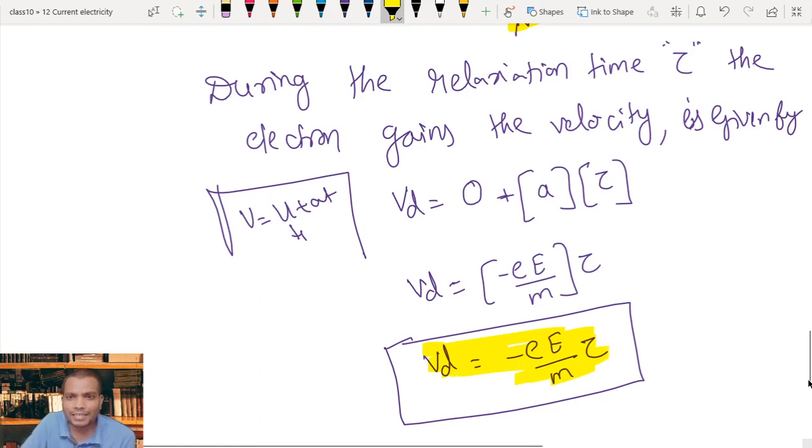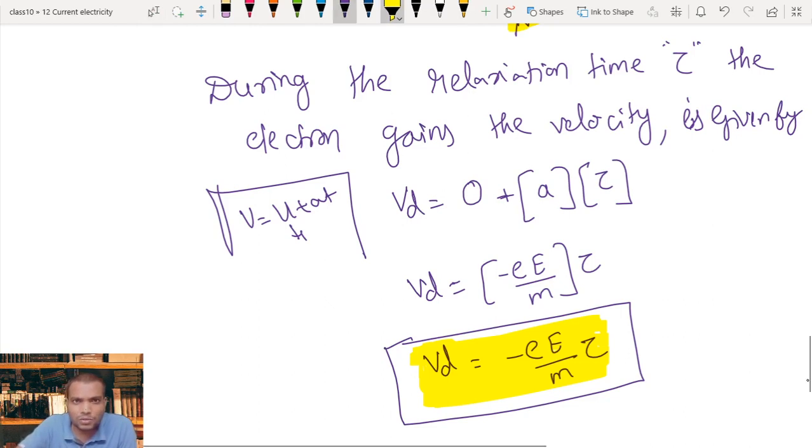If the electric field increases, the drift velocity also increases. Not only that, when the relaxation time decreases, the drift velocity increases.